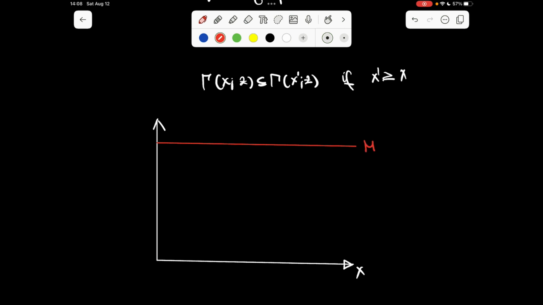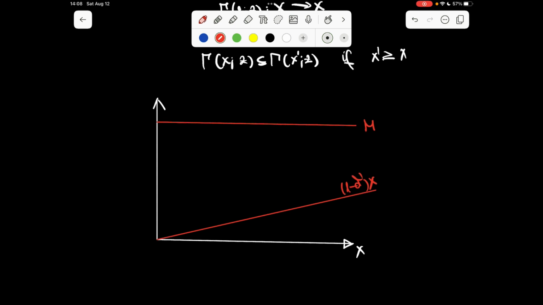The lower bound, and this is the problem, the lower bound is given by a strictly increasing function, and if we have x and x prime, then this is the correspondence set at x, and this is the correspondence set at x prime.